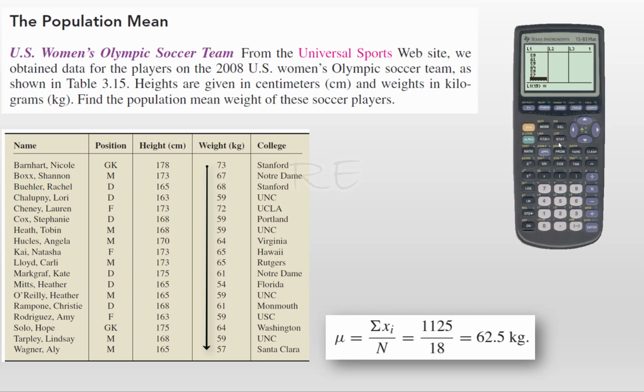Now we go to Stat. We click on Stat, then move on to Calculate and One Variable Stat, and then we click Enter again. Now the very first entry is the mean, 62.5, which is really 1125 divided by 18.